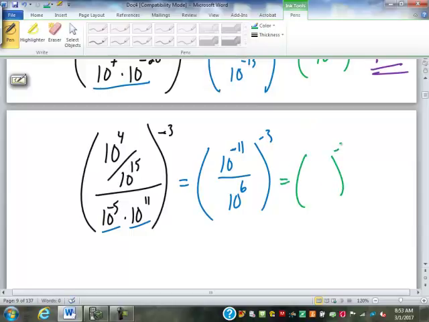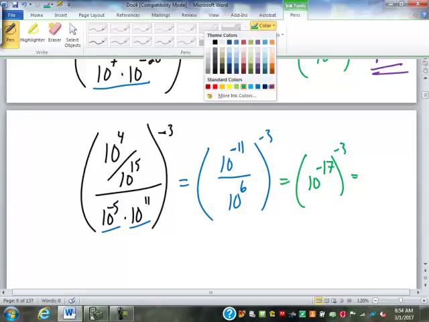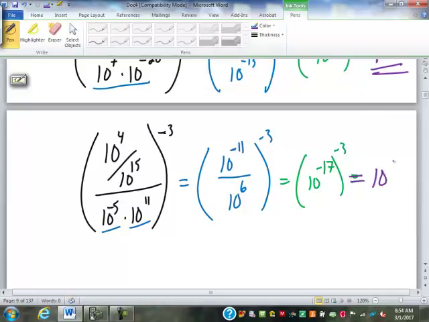So 10 to the negative 11 divided by 10 to the 6 is negative 11 minus 6, which is negative 17. 10 to the negative 17 to the power of negative 3. We're going to do negative 17 times negative 3, positive 51. Yes, it is. We'll have some fun ones of those to do later.